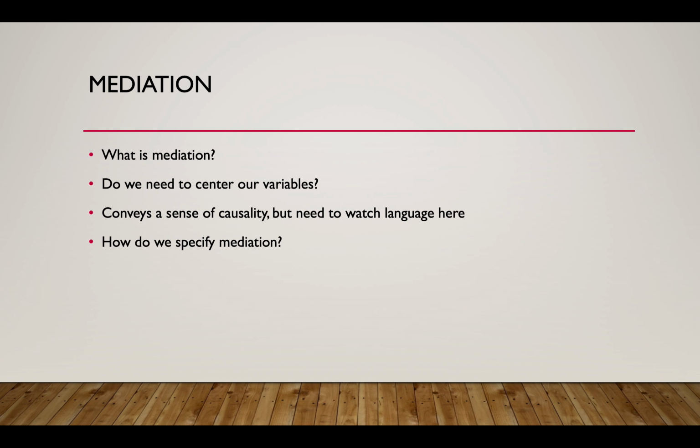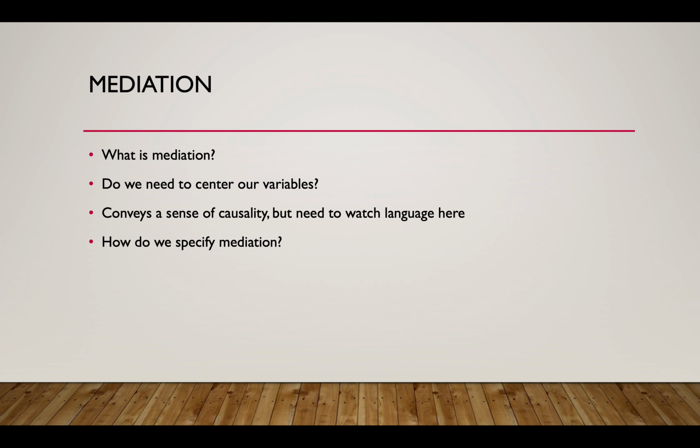Mediation, in its most basic sense, conveys or implies some sort of sense of causality. But if we're not doing a true experiment, especially if we're using cross-sectional data and not longitudinal data, we need to be very cautious about how we refer to the language in mediation.